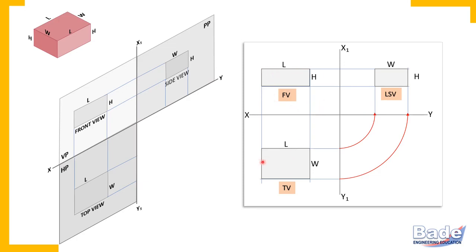In the top view, length is horizontal and width vertical, and in the side view, width is horizontal and height vertical. Now this change in orientation of length and width in isometric view and in orthographic views is very important and you should understand it. Remember, in the top view, width appears vertical, and in the side view, width appears horizontal.